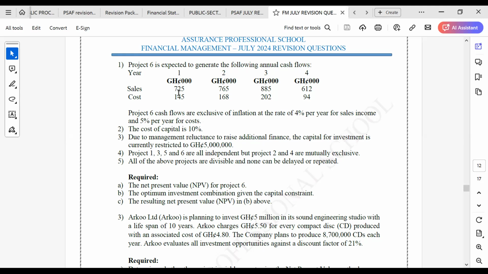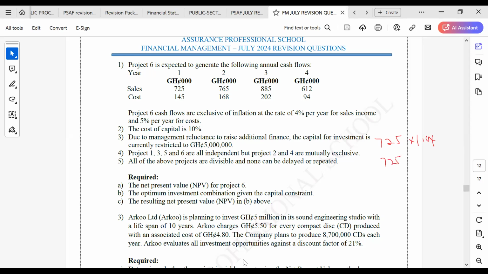Let me show the question itself so that I can write on it. So assuming these figures are the same, if the sales should be 725 in the first year, this will increase by 1.04. So that will be the first year.